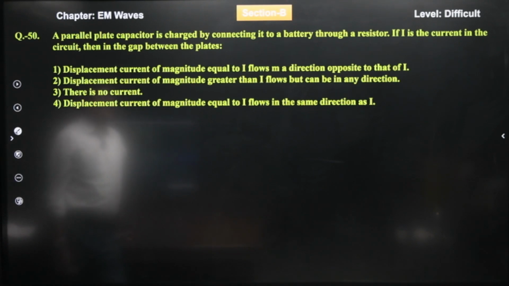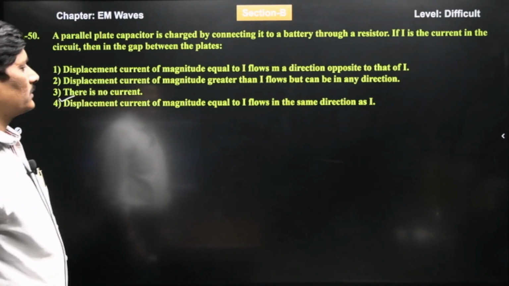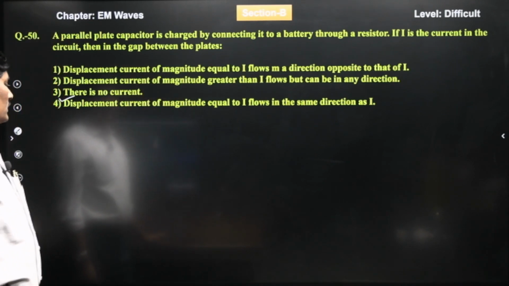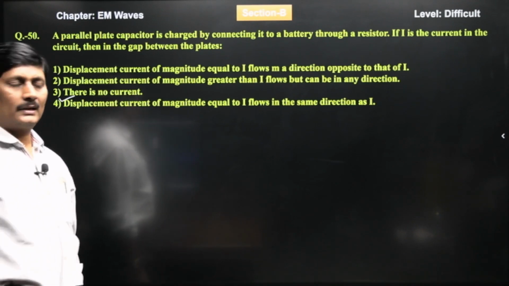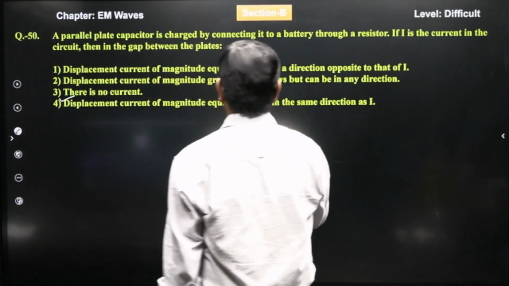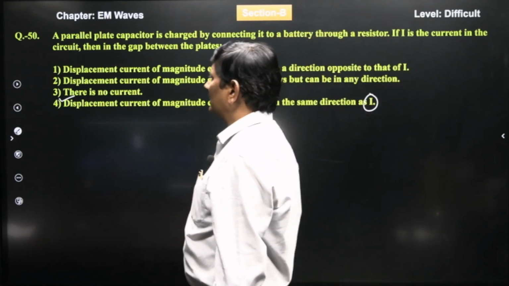Displacement current of magnitude greater than I flows but can be in any direction. That is wrong. There is no current. The only possible thing is displacement current of magnitude equal to I flows in the same direction as I. That is it. Conduction current and displacement current are in the same direction. Okay. This is conduction current. This is displacement current. Both are in the same direction.